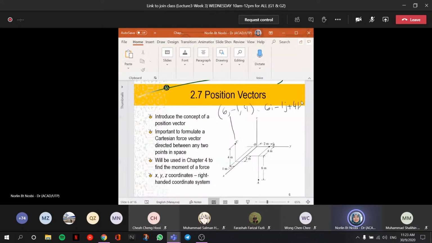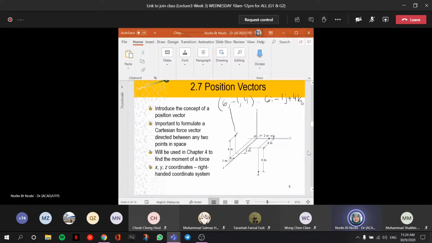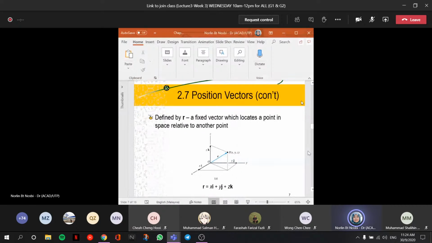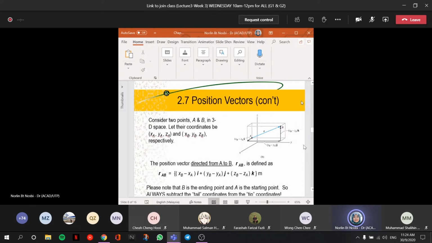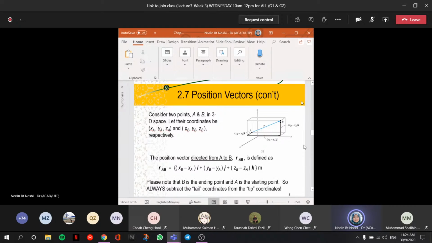This is what I showed you before. The coordinate for x is i, y is j, and z is k. If there are two points, point A and point B, you know the coordinates, right?